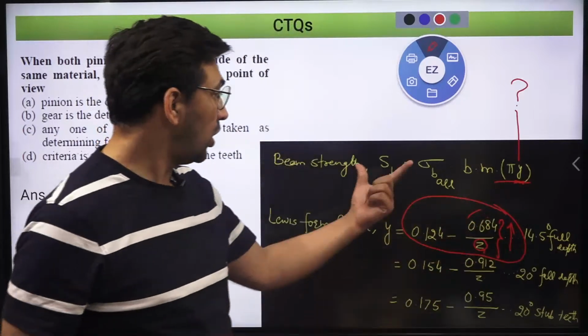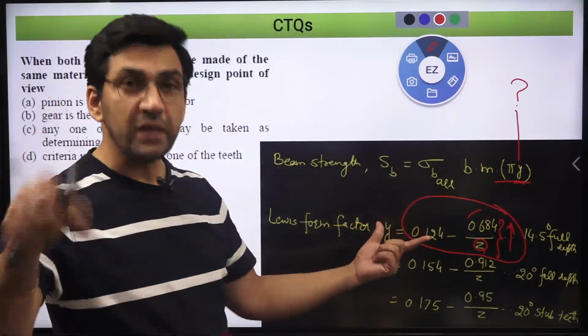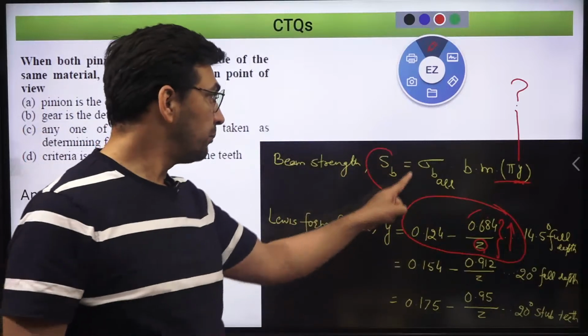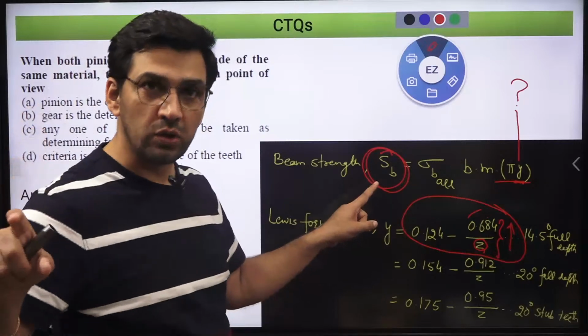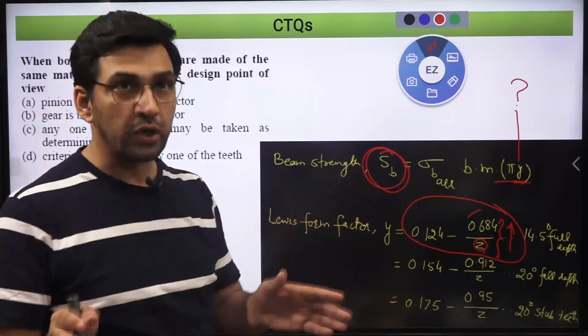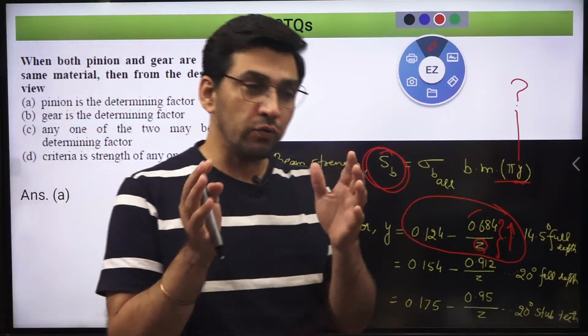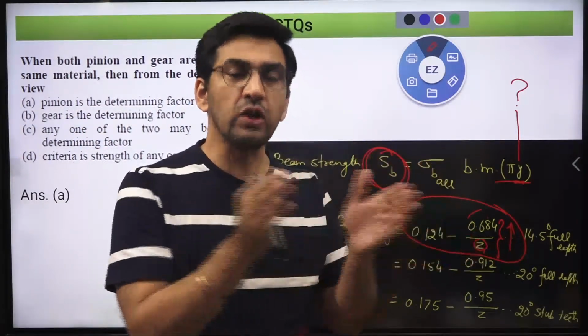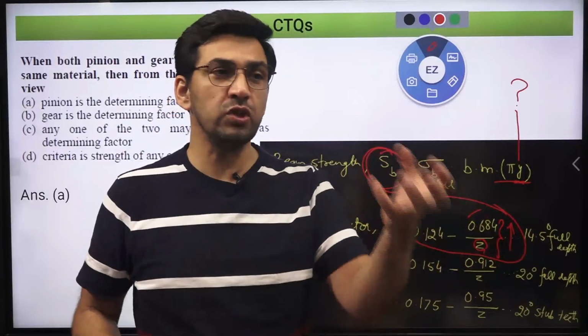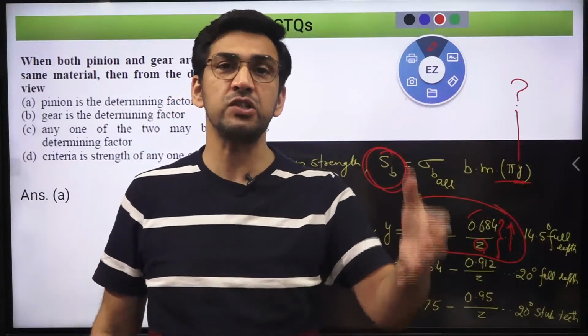It means out of the gear and pinion, it is the pinion which has the less beam strength, or which has less capacity to carry the tangential tooth load. So you already know, out of these two, we should base our design on what, pinion or gear? Obviously, we say the smaller one, which has less capacity to carry the load.